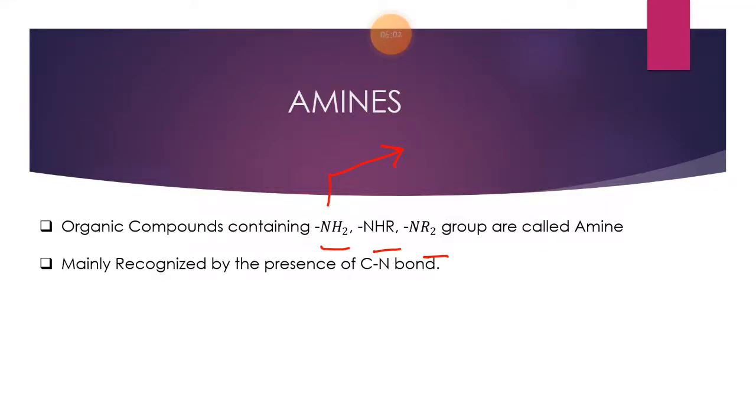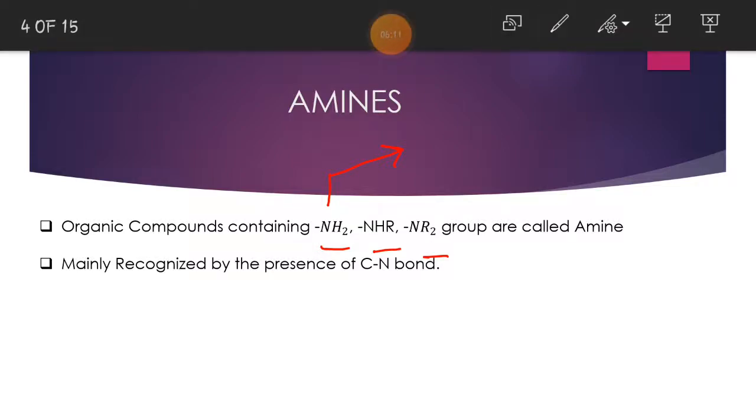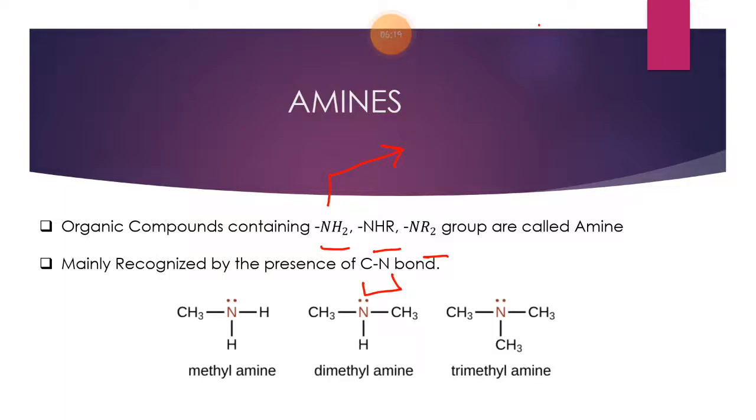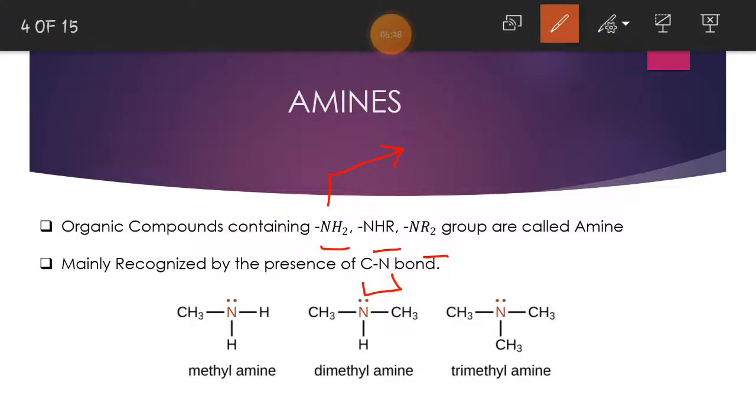These amines are mainly recognized by the presence of the C single bond N. Wherever you see this bond, you will quickly recognize that compound as an amine. Examples of amines include methylamine, dimethylamine, trimethylamine. In all these compounds, you may see the C-N bond, and because of this bond, these compounds are classified in the class of compounds that is amines.